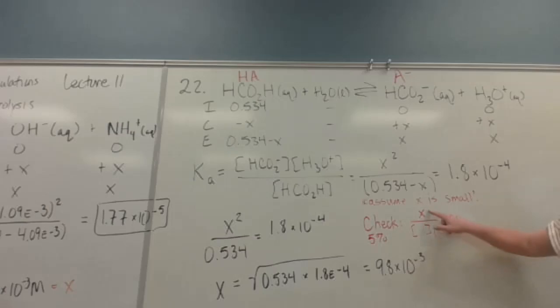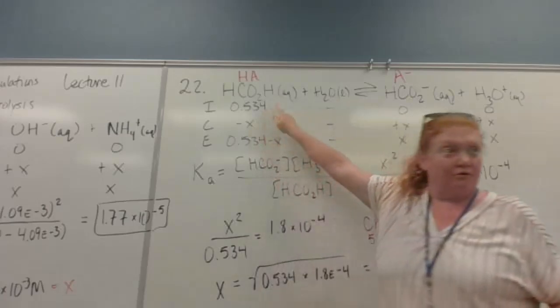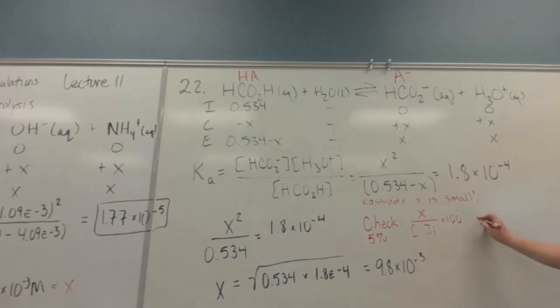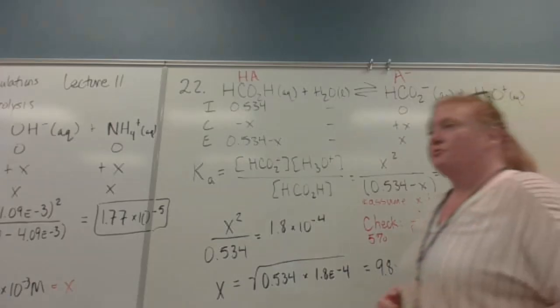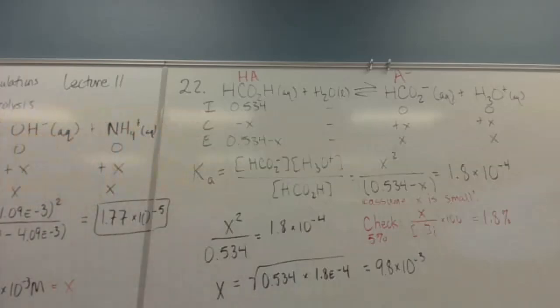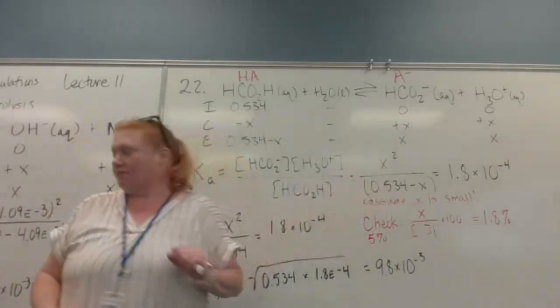So 9.8 times 10 to the negative third divided by 0.534 gives 1.8% difference between x and the initial. And that is a fine value to make that assumption.